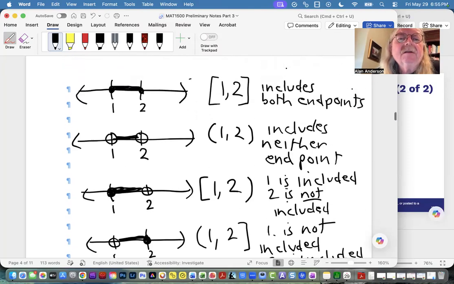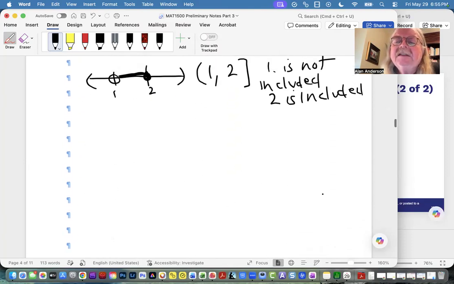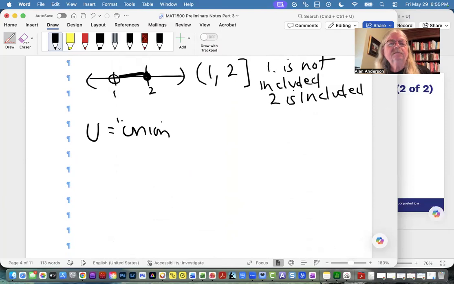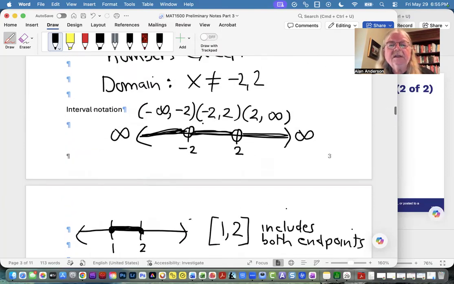Okay. Now, the other thing I want to remind you about is some notation taken from set theory. This is the union operator, and it means you're combining two sets. Okay. So what's happening up here is that you've got three intervals that are being joined together.